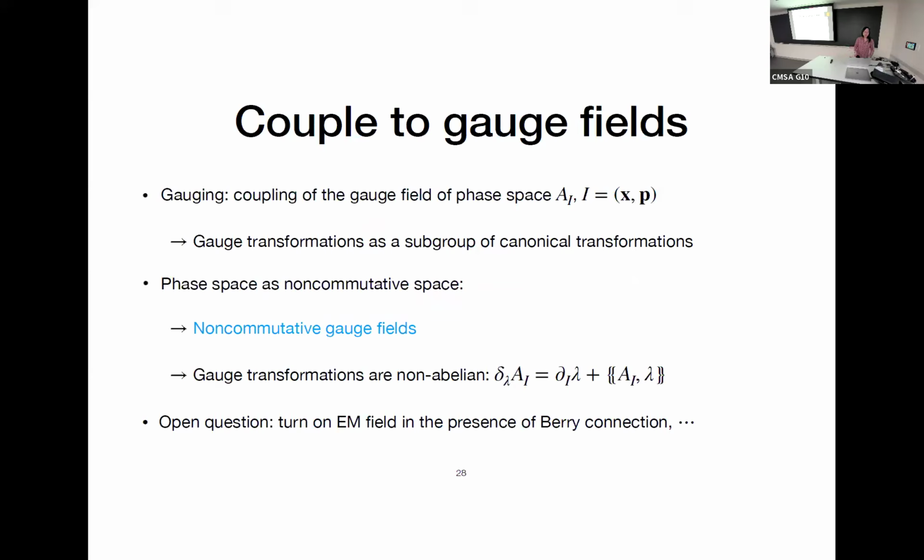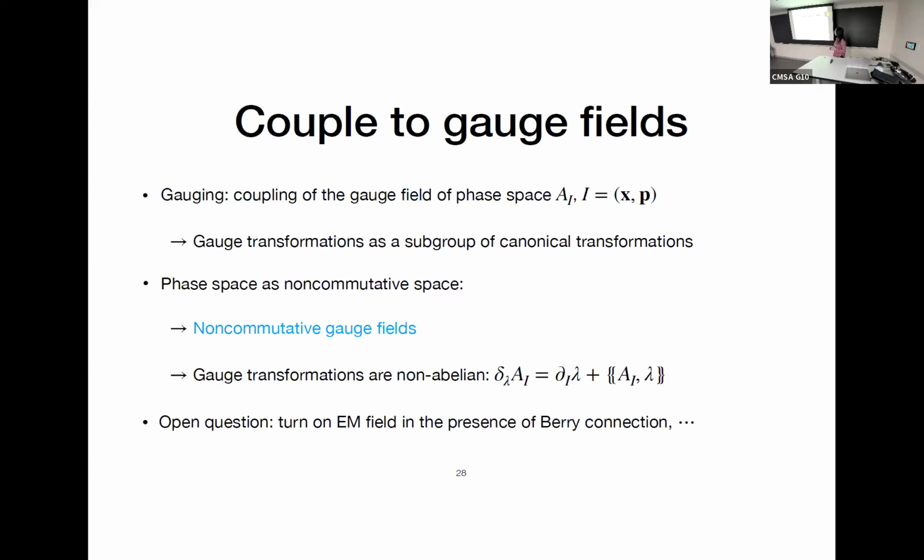So how can we couple the theory to the gauge fields? By using these gauging procedures. We can couple the theory to the gauge field of phase space. You can see here is the gauge field of the phase space, treating the gauge transformation as a subgroup of canonical transformations.